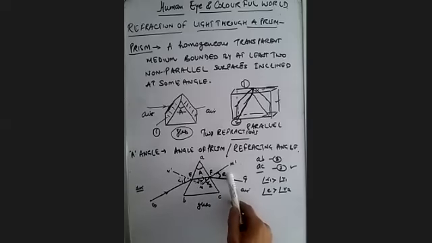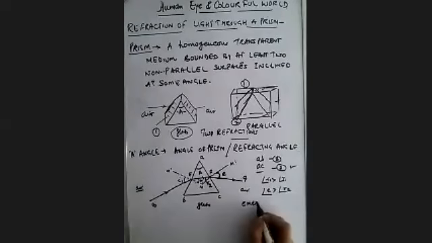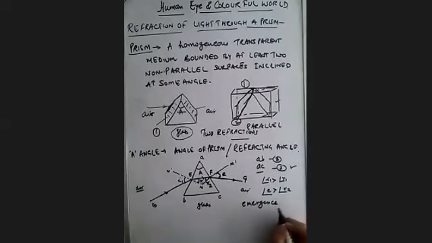Let us call this angle E, which the ray makes with the normal. This is the angle at which it emerges out of the prism. It's called the angle of emergence. That is why we say angle E.